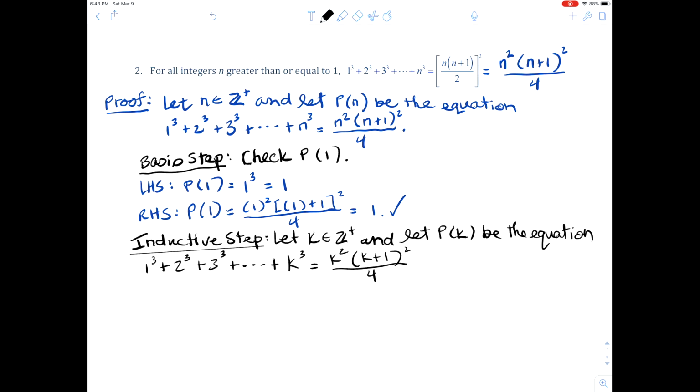Good so far? All right. Oh, and just in case, I wanted to remind you where this came from. Over here, we were working with that equation, all right? And we evaluated P at 1.